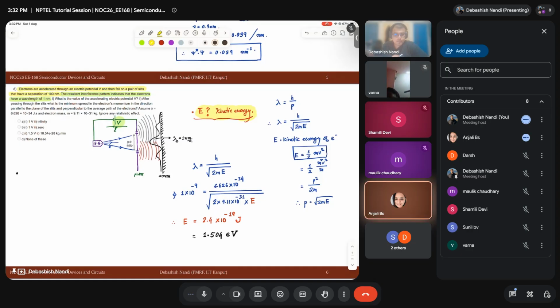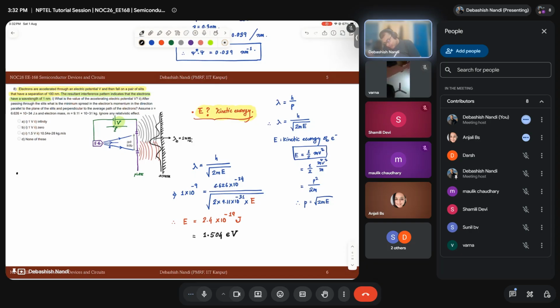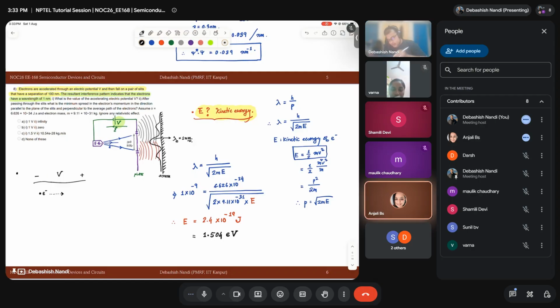Whenever I have some potential difference and a charge is moving in a potential, what kind of energy will it have?